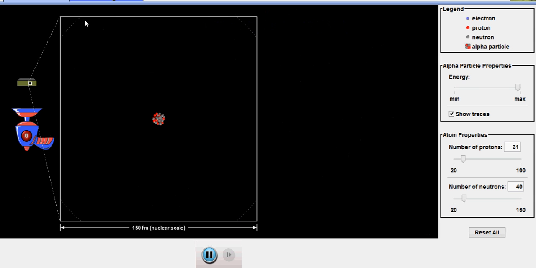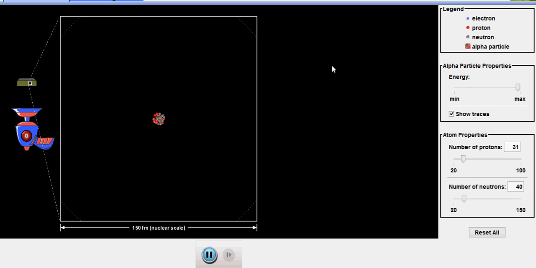Assume that this rectangular section is a gold foil made up of a single atom, and you can observe a blue dot revolving here, which we shall assume is an electron. Here the blue dot represents an electron, the red dot represents a proton, the grey dot represents a neutron, and a combination of red and grey dots represents an alpha particle.